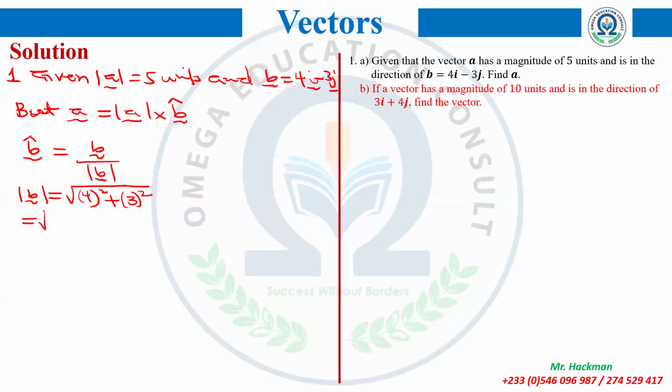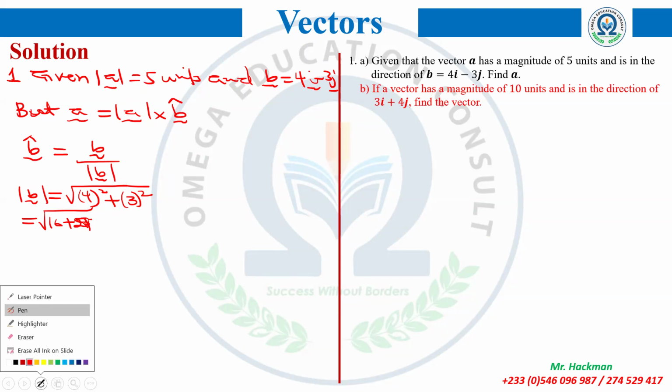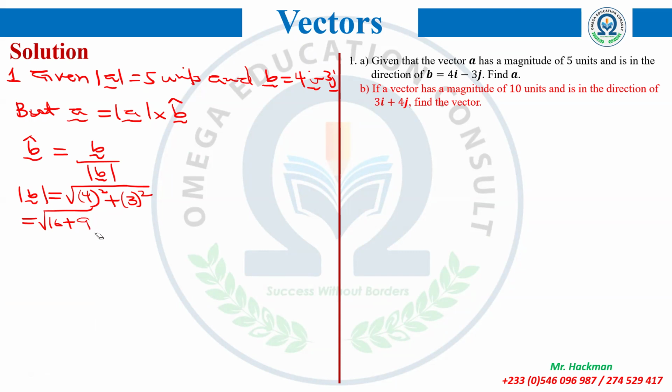So this will give us root of 16 plus, sorry, plus 9, forgive me, I've jumbled it. We are going to get root of 25, which will give us 5 units.